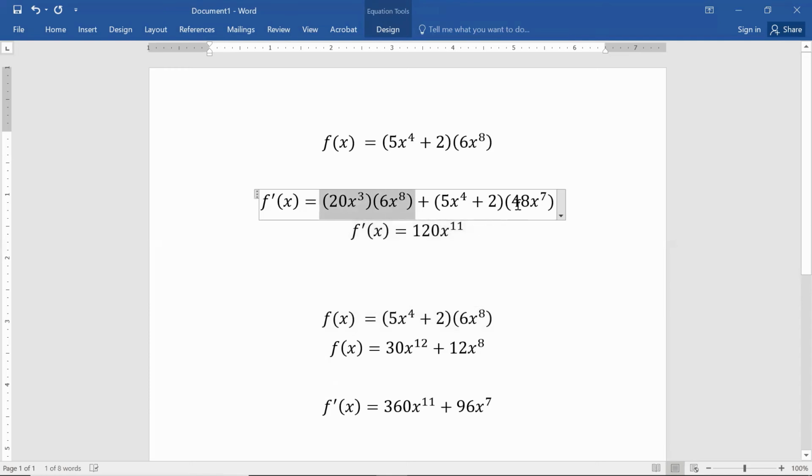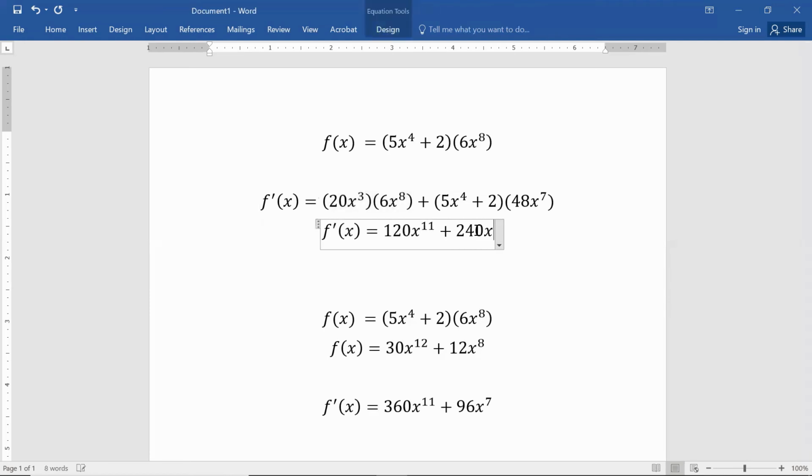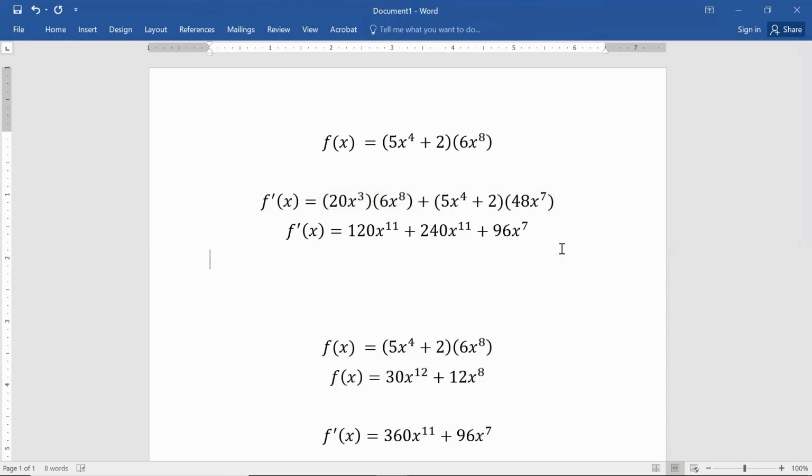The second piece, you're going to have to use the distributive rule. 48 times 5 is 240 x to the 11th plus 2 times 48 becomes 96 x to the 7th. And you can see when you combine like terms, you end up with 360 x to the 11th plus 96 x to the 7th.